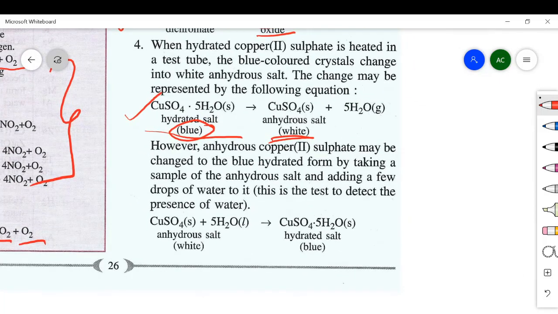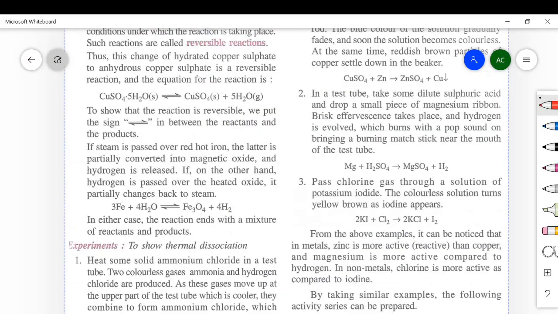But as you add water back into it, it will retain its blue color again, although it will not regain its crystalline shape, but it will turn blue in color. Okay, and this is the test to detect the presence of water. What is the test?